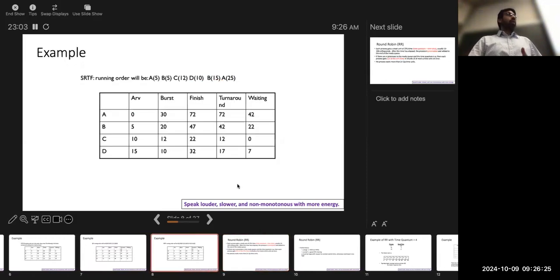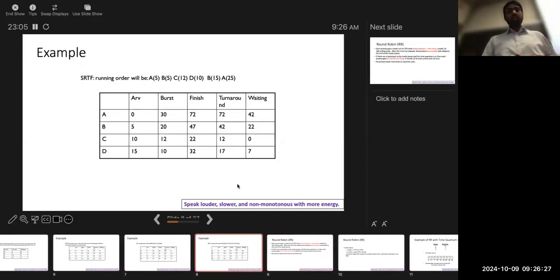Now, before I talk about the next algorithm, until now we have covered 3 algorithms: first come first serve, shortest job first, shortest remaining job first, right? What is the bad thing about first come, first serve?